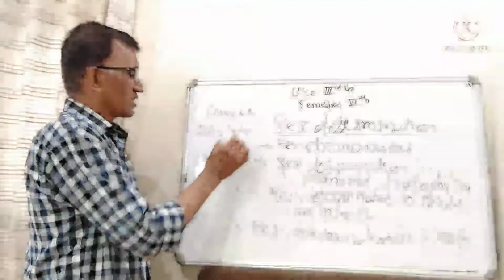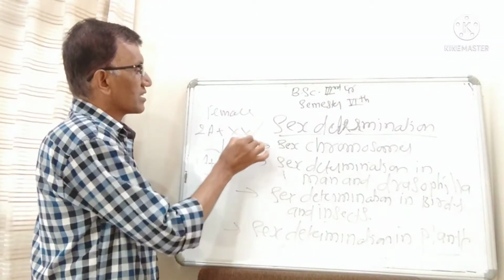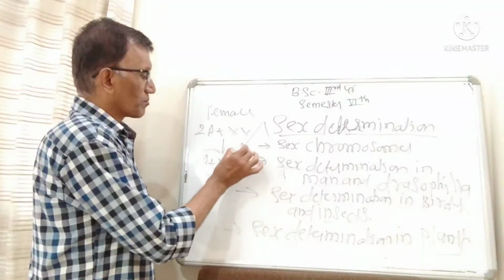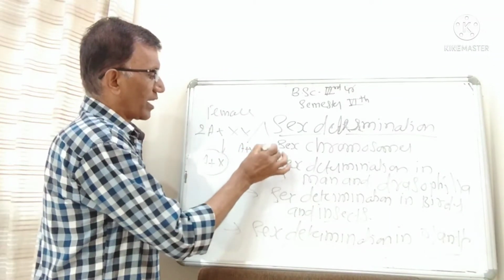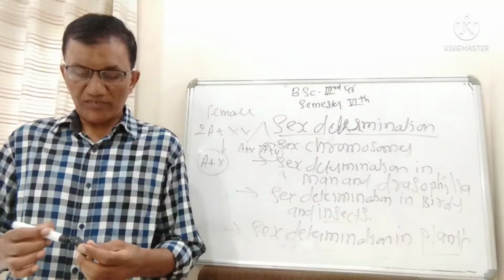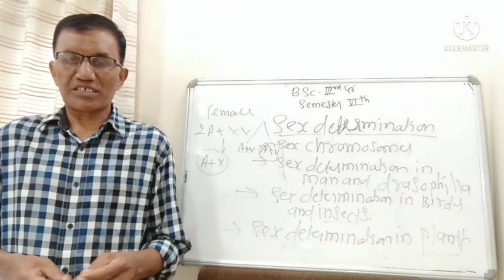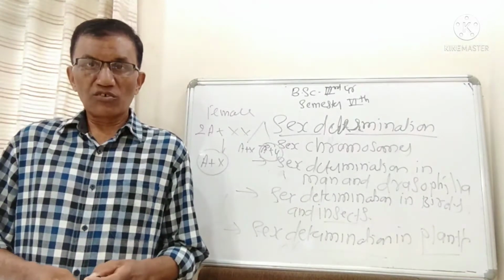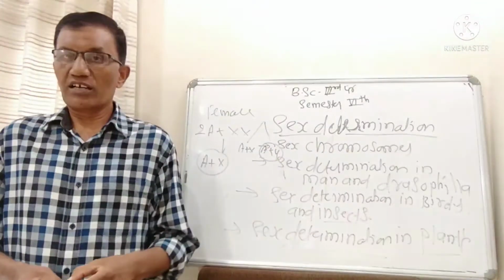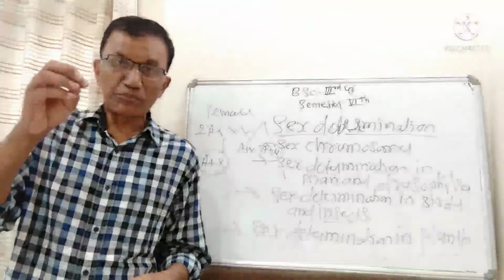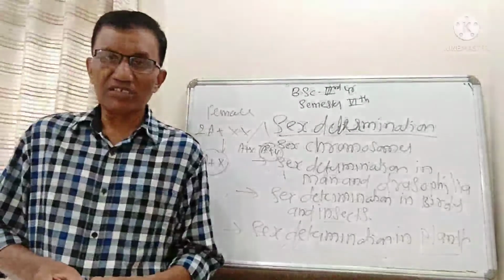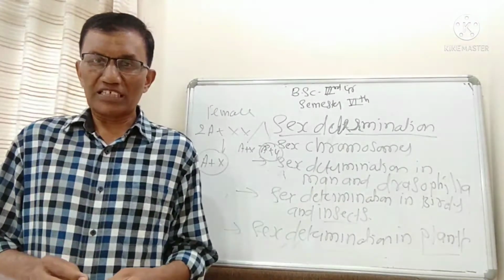In the case of a male human being, they are heterogametic, meaning they produce 2 types of gametes, that is autosome plus X and autosome plus Y. So 50% of sperms contain autosome plus X and the remaining 50% contain autosome plus Y. Therefore, in man and Drosophila, males are heterogametic and females are homogametic, so the sex of that individual always depends on which type of sperm is fertilized with the egg.